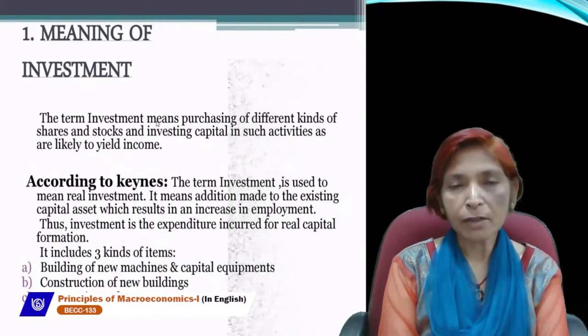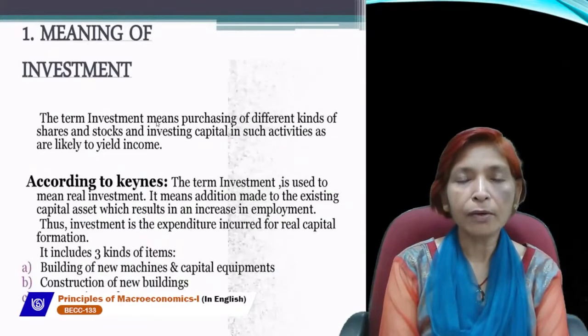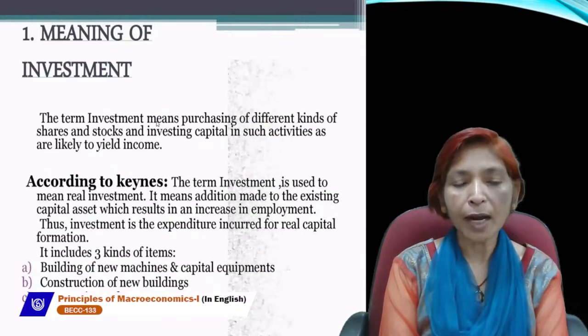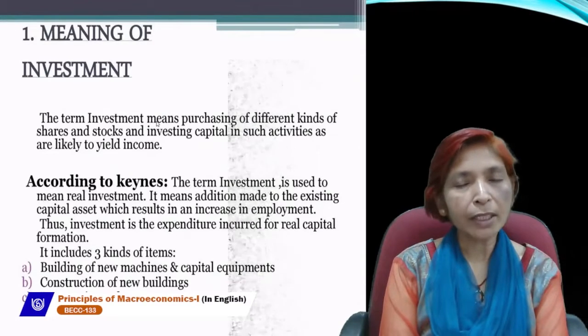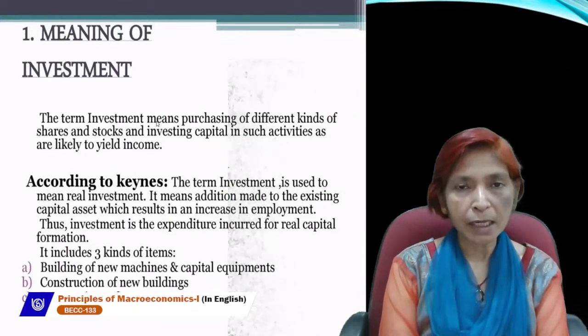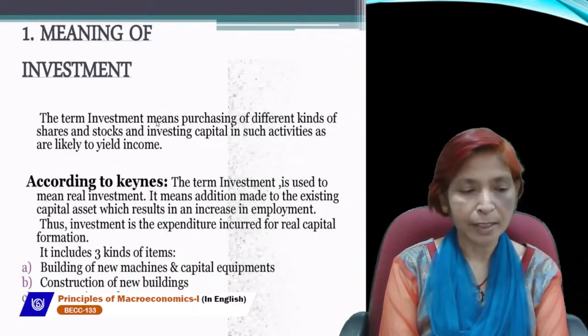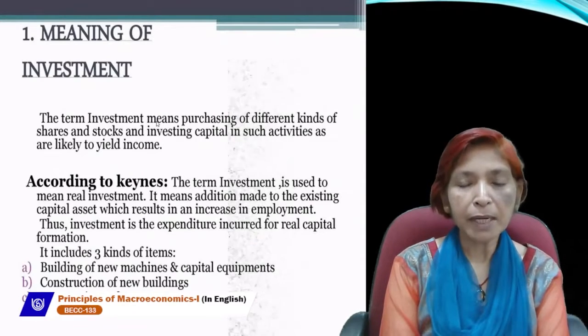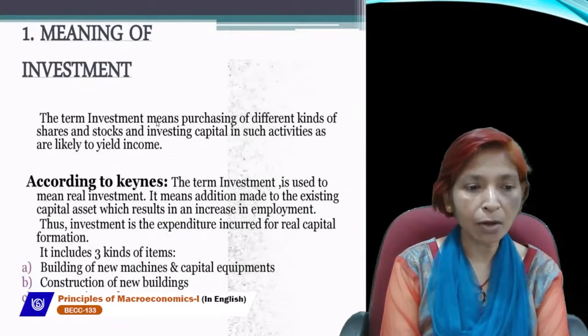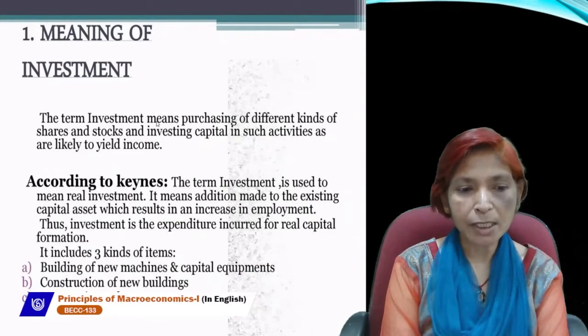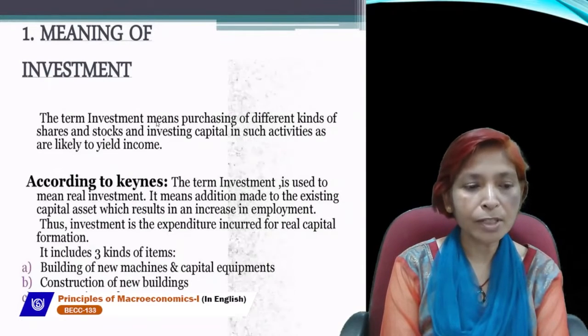In real capital formation or real investment, we include three types of items on which we spend our money income. For example, if we invest our money in new machines and capital equipment, that will be called real investment.